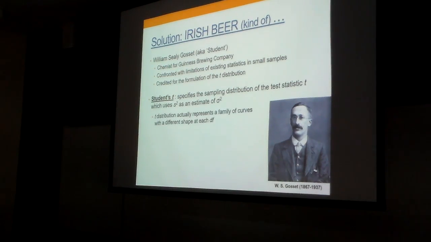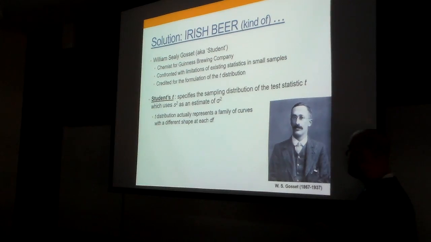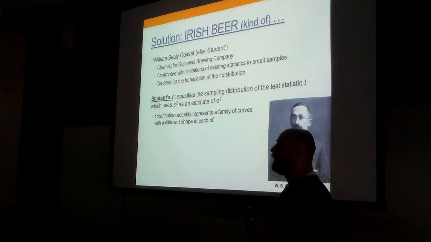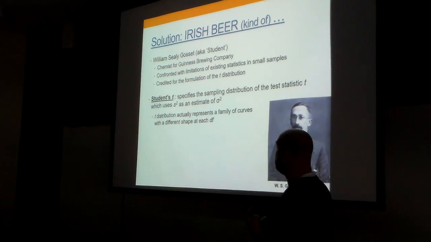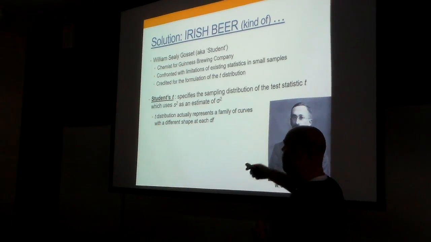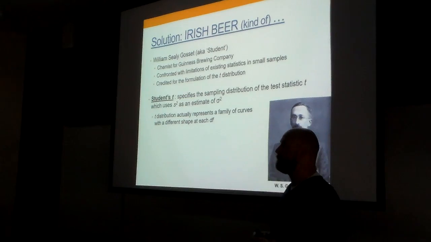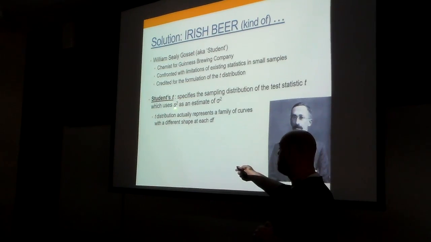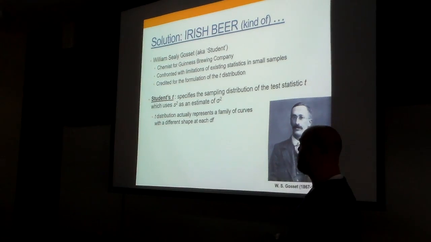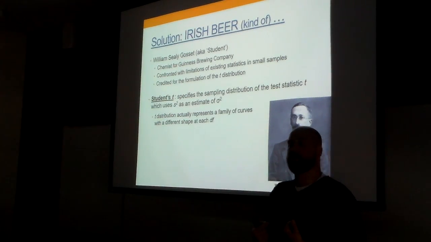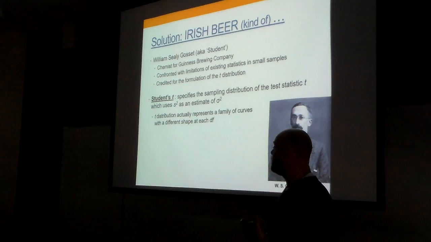Okay? And so what Gosset did was publish this t distribution, which maps out the distribution of our test statistic, substituting our sample variance for the population variance. And what we got with our t distribution is actually a family of curves, based on degrees of freedom.